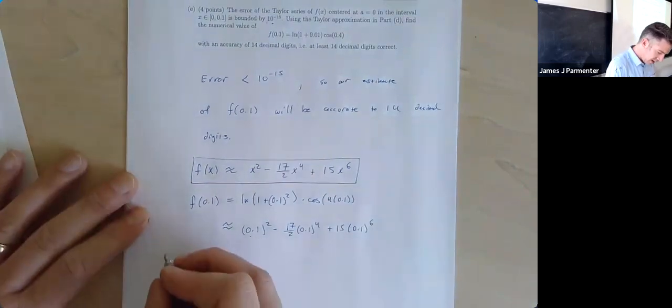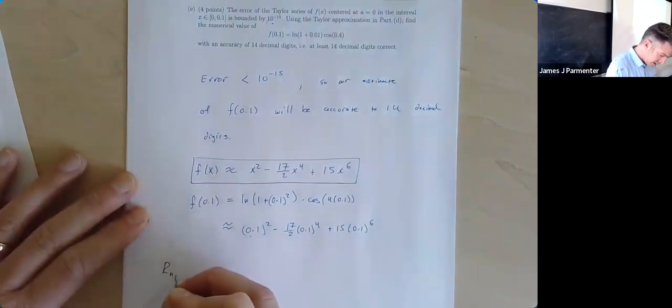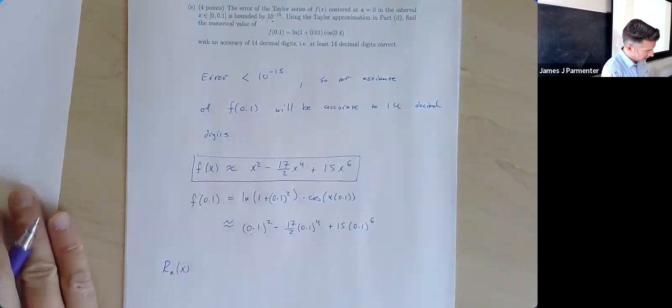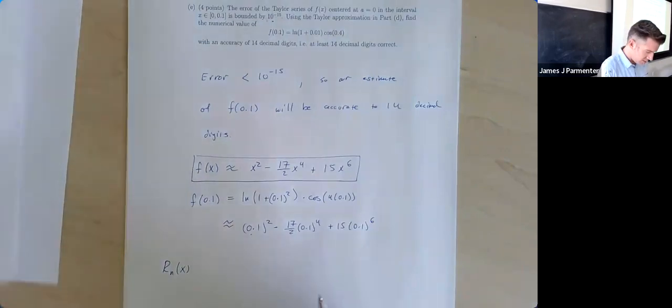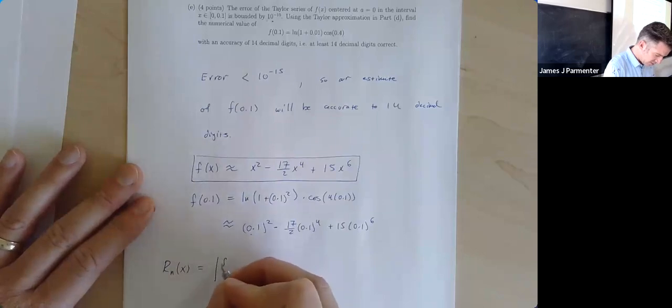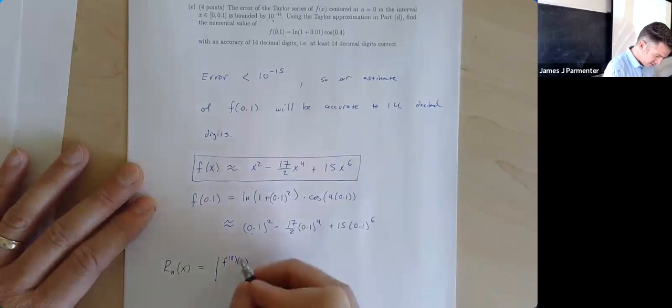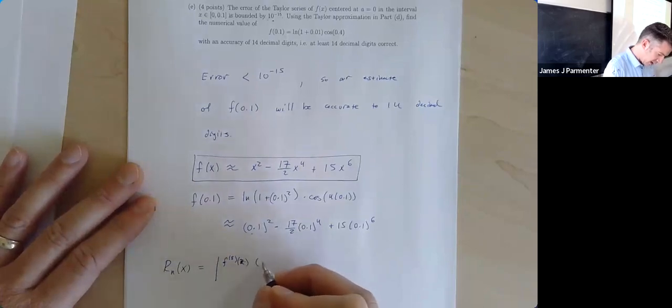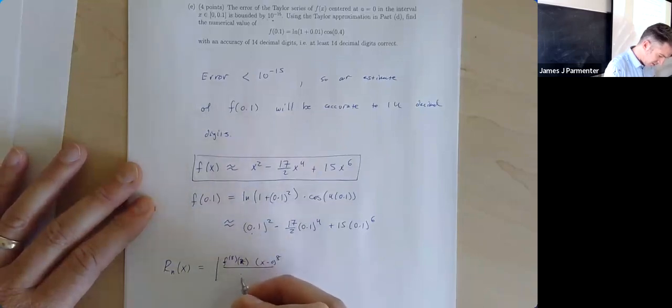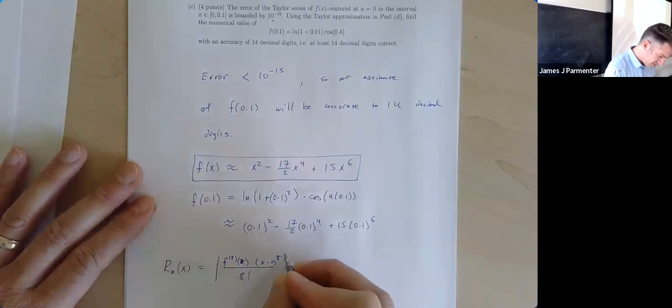We could totally say that the remainder of this, and that was our 7th degree Taylor approximation, of order 7, would be equal to the 8th derivative. But this is where things get problematic. Times x minus a, so x minus 0 to the 8th power over 8 factorial.